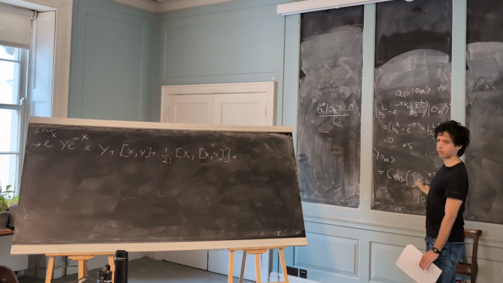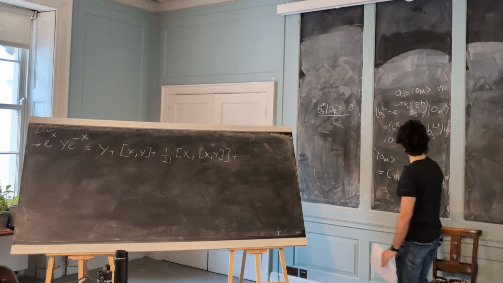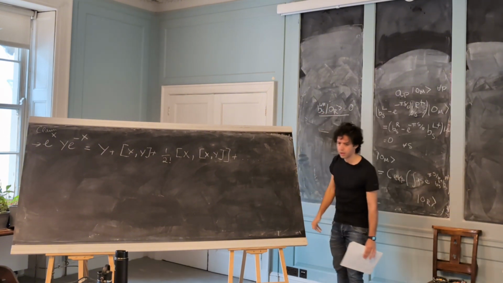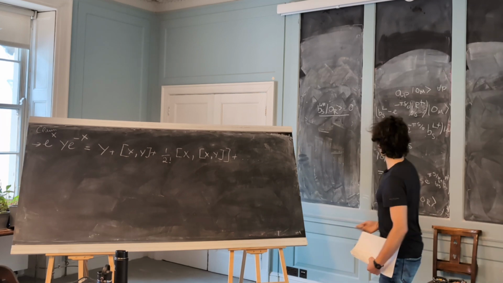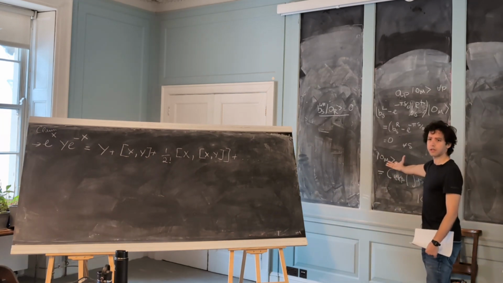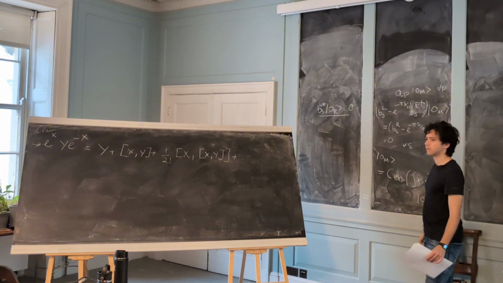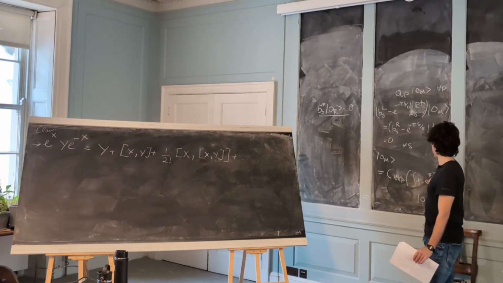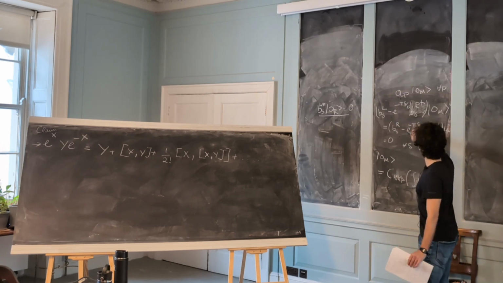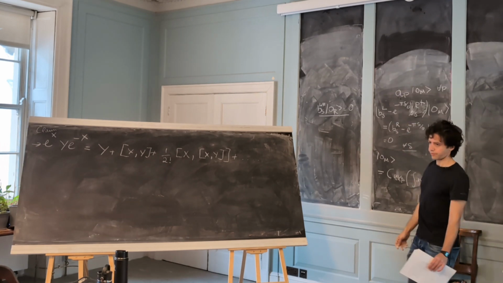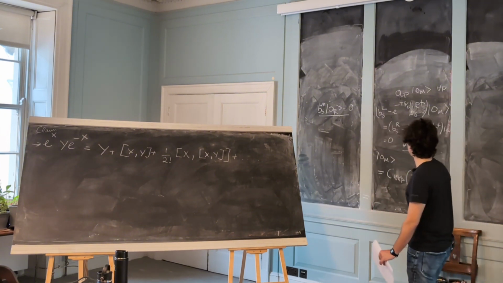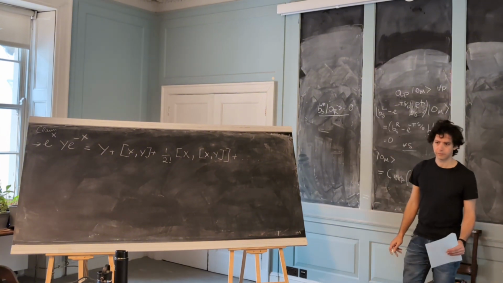I can act with a particular operator on the Rindler vacuum. The Rindler vacuum is the state annihilated by the Rindler annihilation operators. And by acting with this very complicated operator, I can construct the Minkowski state. You have to sum over all the momenta. It has to be true for every s, this statement, for all s. Any other question?